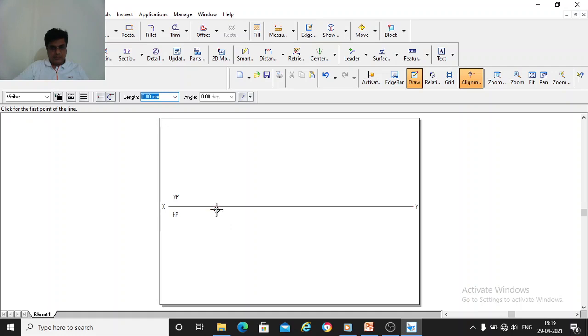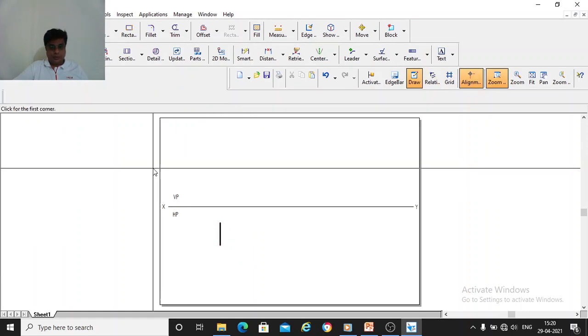You can leave some small gap below this XY line, and you can draw one vertical line. What is the length of the edge of the triangle? It is 25 mm. So you draw a vertical line of 25 mm. This is how you should draw the vertical line.